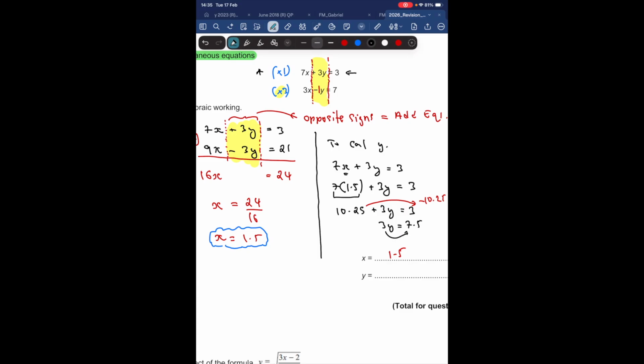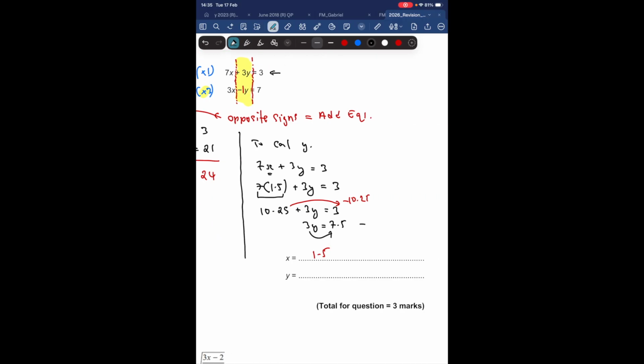And then we can bring the 3 over. So y will be equal to 7.5 divided by 3. That's going to give us 2.5. But I need to put the negatives here, which I forgot to do. Just remember that 3 take away 10.5 is minus 7.5, not plus 7.5.